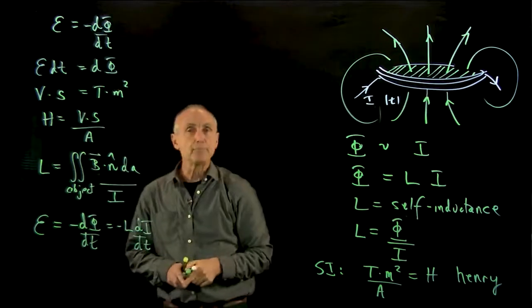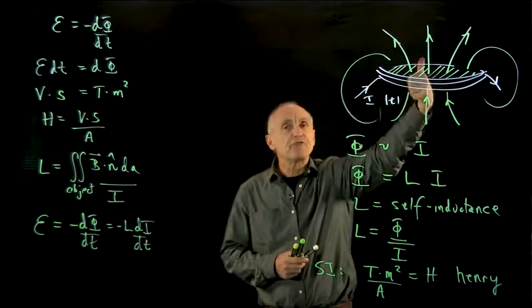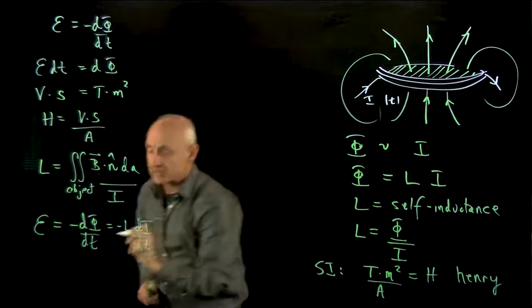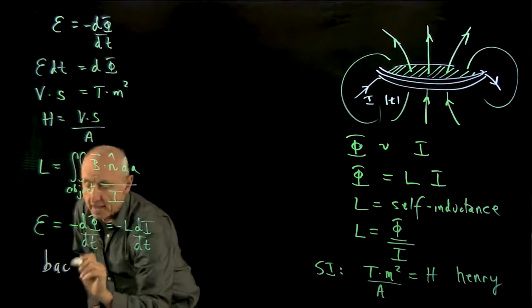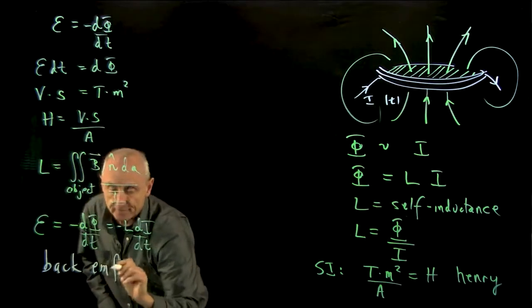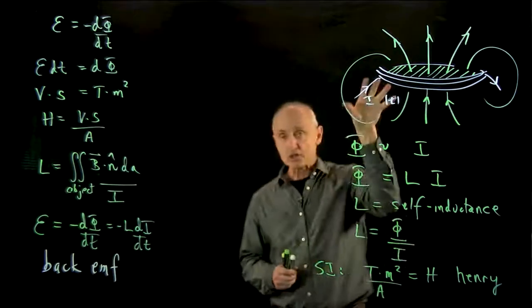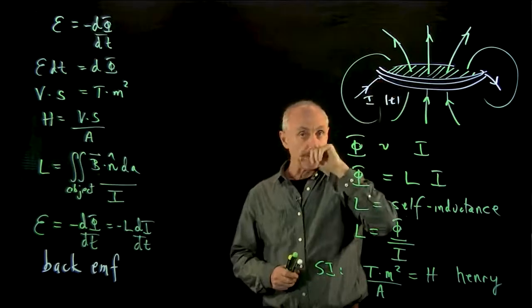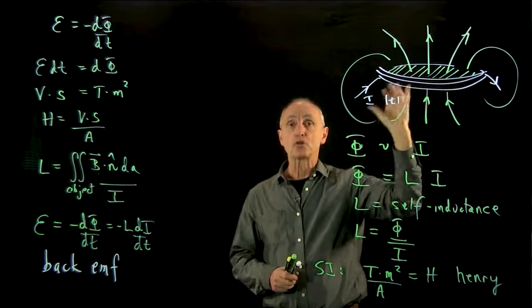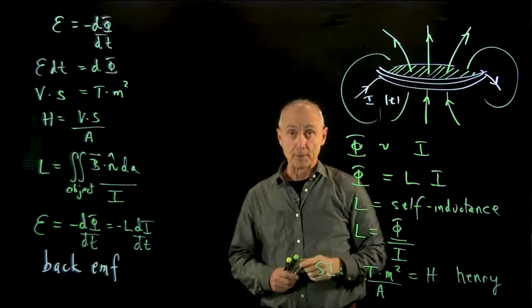Now, this type of self-electromotive force has a name. It's called back EMF. And the reason for that name is if I try to change the current in the coil, I'll generate an EMF that will try to oppose that change.